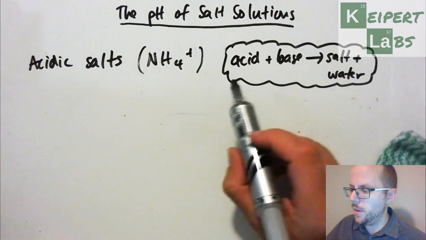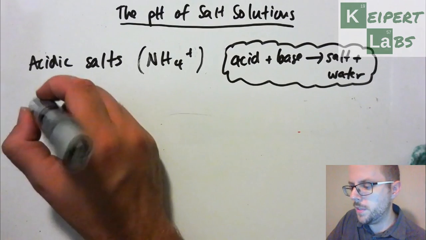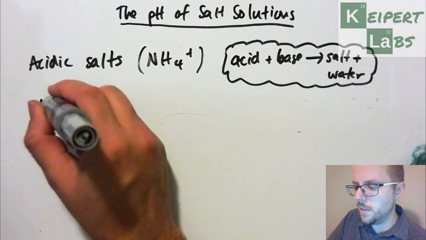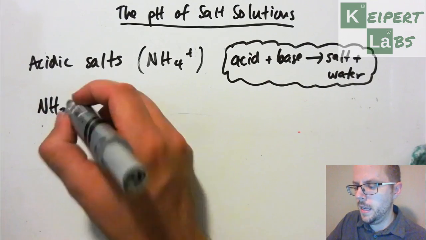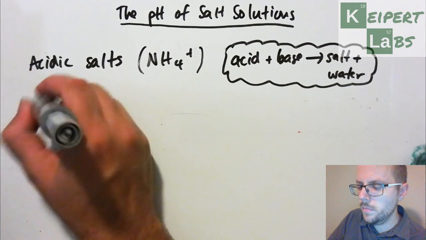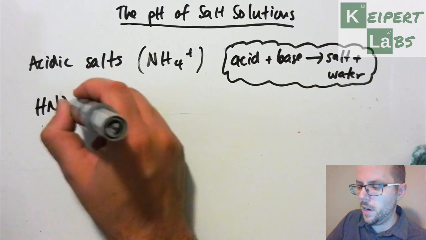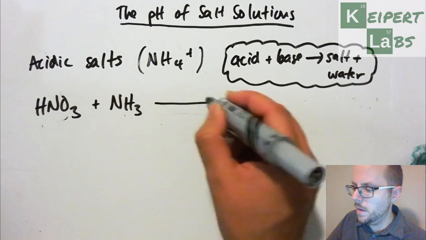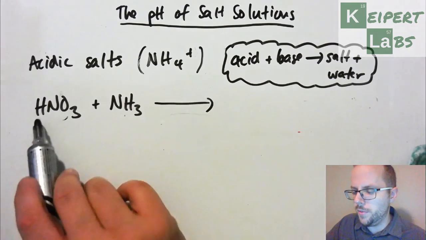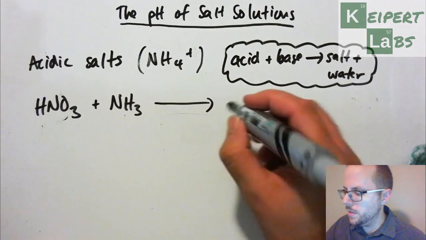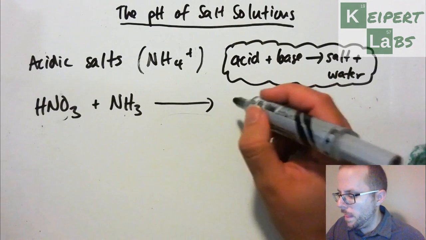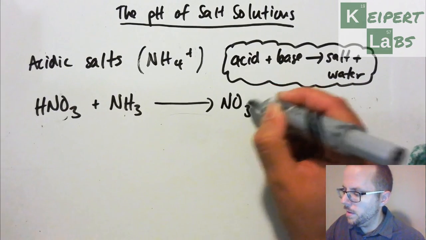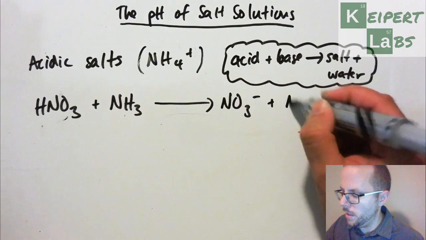Okay, so to show how an ammonium salt might form, let's go with something a little bit different. We would say an acid, nitric acid, plus ammonia as a base. We're going to donate a proton from here to here, so we end up with the nitrate ion plus the ammonium ion.